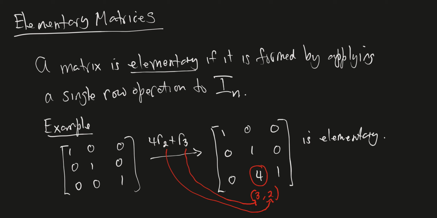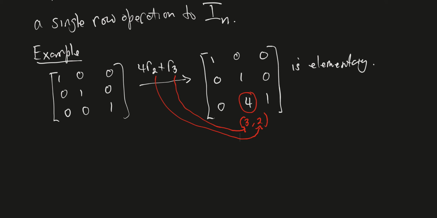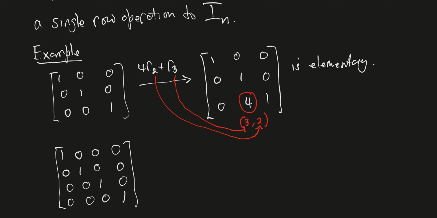What if we start with I4, right? So what if we took the 4 by 4 identity, and let's do something simple. Let's say we do a row swap.